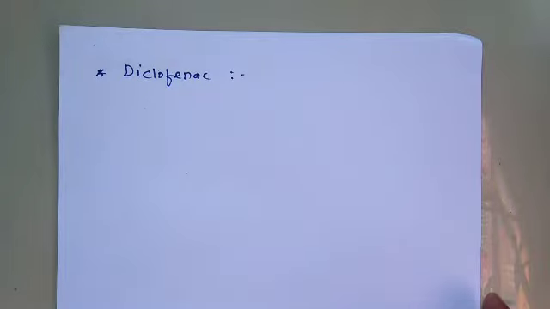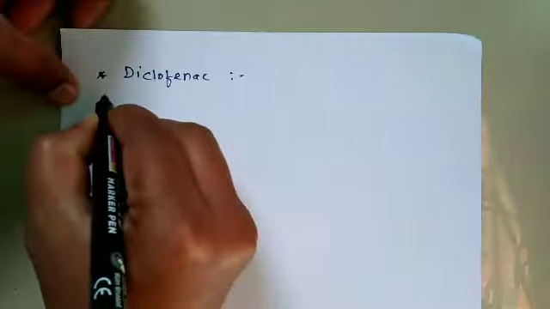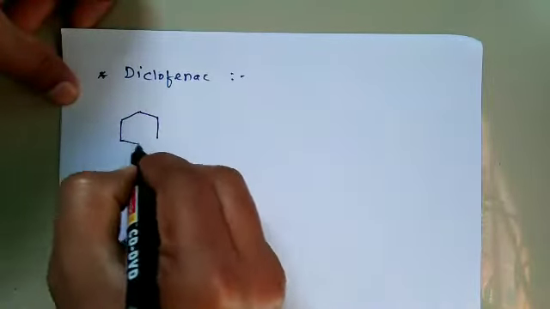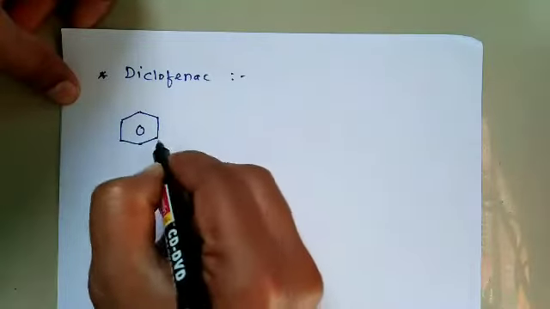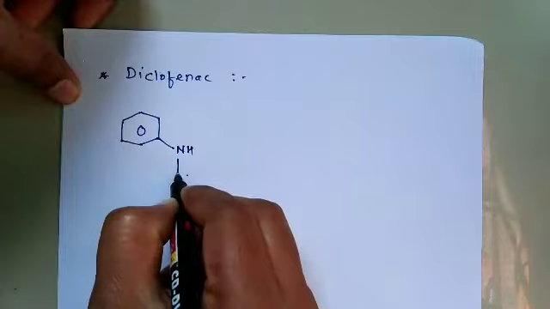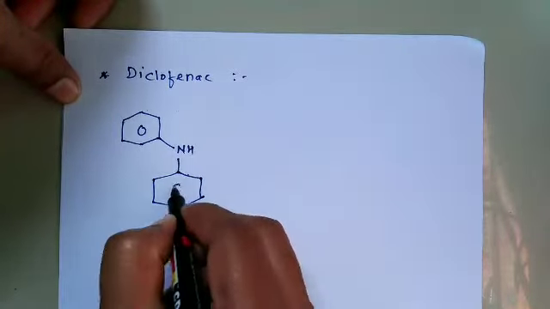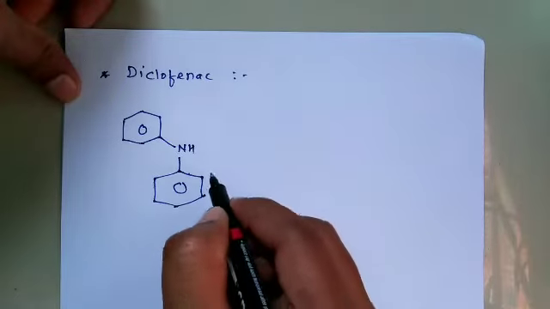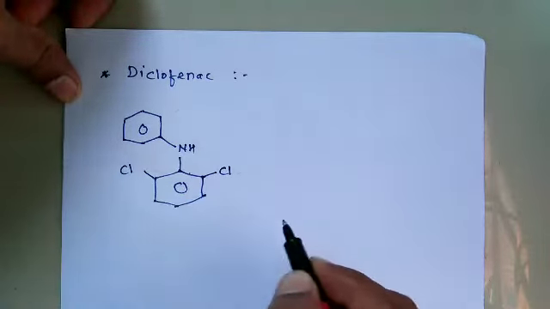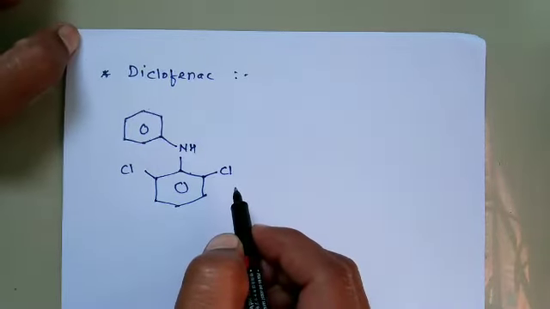We require a reactant molecule in the synthesis of diclofenac, that is a benzene ring attached with NH, and the NH group is further bonded with a benzene ring and 2 Cl groups at the adjacent positions of carbon.